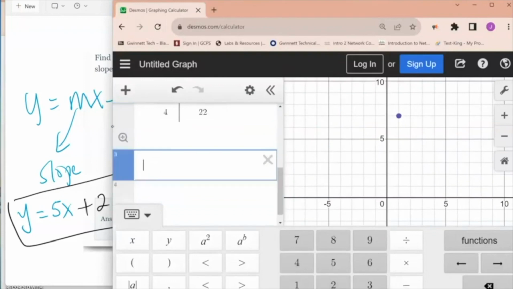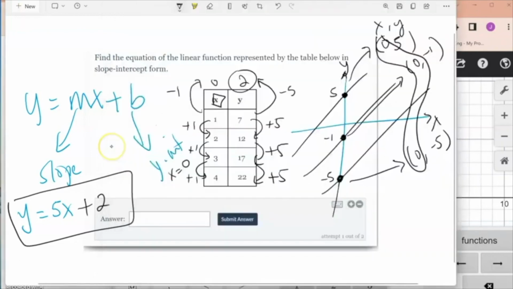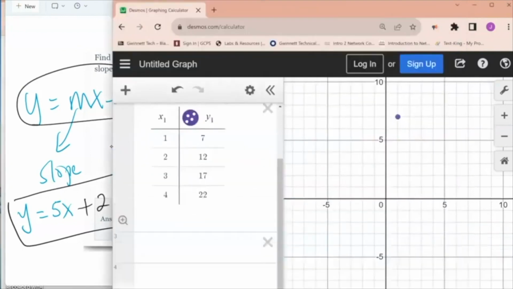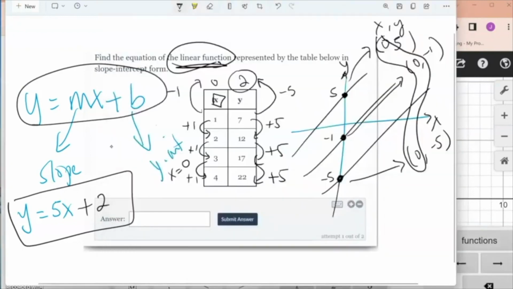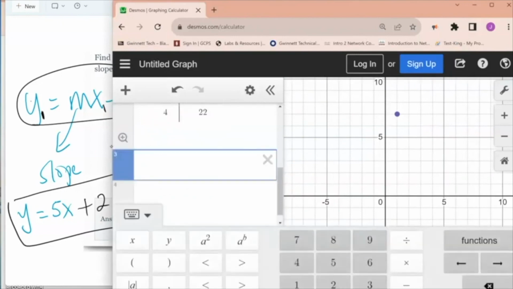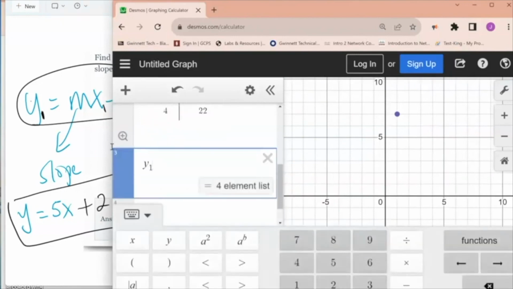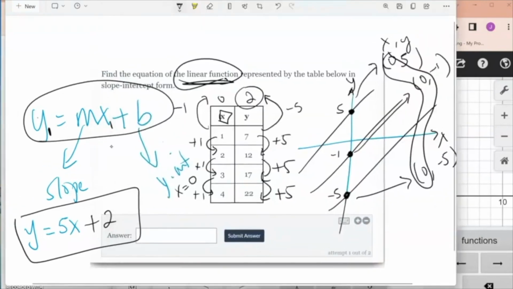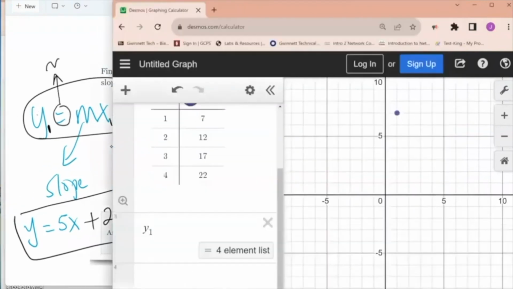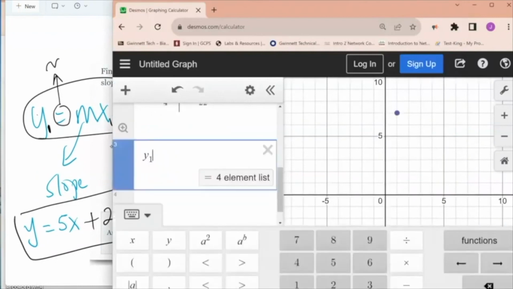Once you have that in, because I know it's linear, why do I know it's linear? Because they tell me it's linear. Linear must look like y equals mx plus b. To put that into Desmos, you have to use this notation: where you see y and x, you put a sub 1. So you type in y sub 1, and if you just type y1, it does it for you. Then instead of an equal sign, you put a squiggly line.